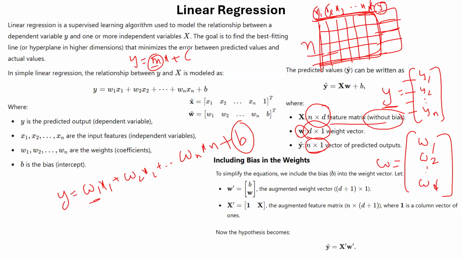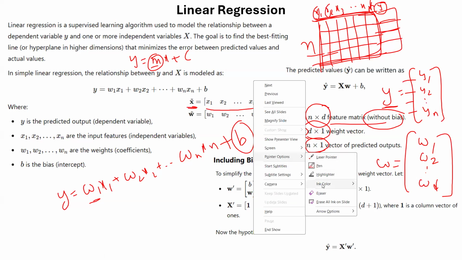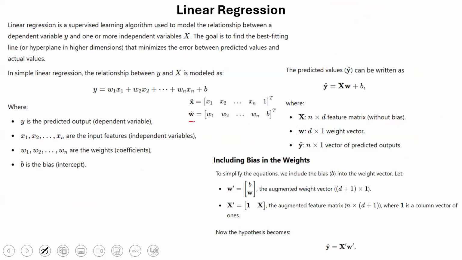Now, if I want to convert this to vectors, I write x as x1, x2, x3, so on, and 1. Why am I writing 1 here? This is to incorporate b into the weight vector. Instead of writing y is equal to w1 x1 plus w2 x2 so on plus wn xn plus b, I am extending b into 1. b can be written as b into 1.